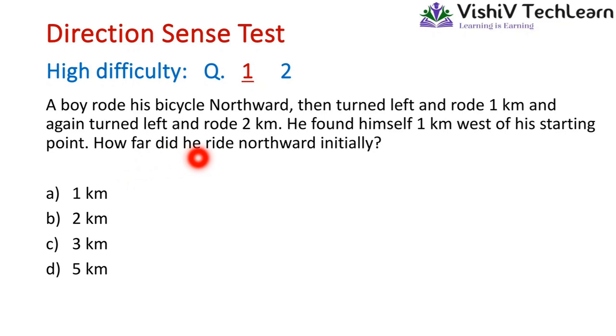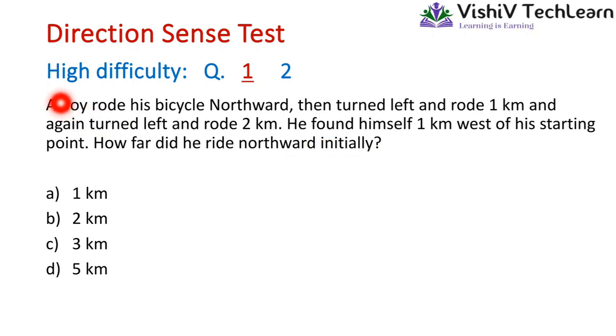How far did he ride northward initially? So maybe the question is partial. What I mean is, we don't have to find out the starting and ending distance, we just have to find out how far did he ride northward initially. That is how the question is.